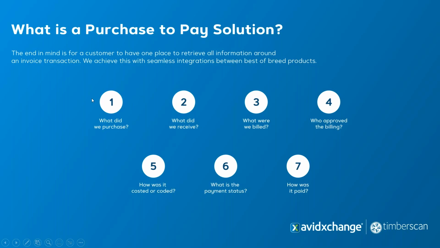We start with, what did we purchase? Let's say a purchase order has been written. We're looking at that purchase order, we're reviewing it, and then there perhaps was a receiver that was executed against that particular purchase order. So steps 1 and 2 are basically taking place outside of Titanium.